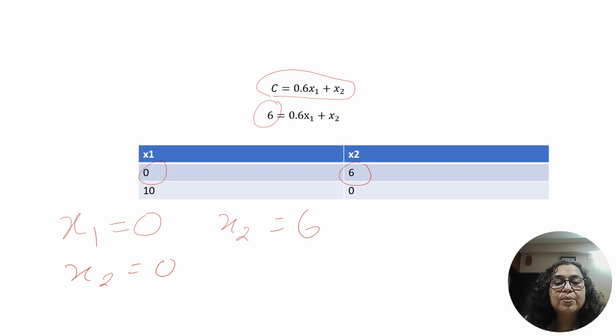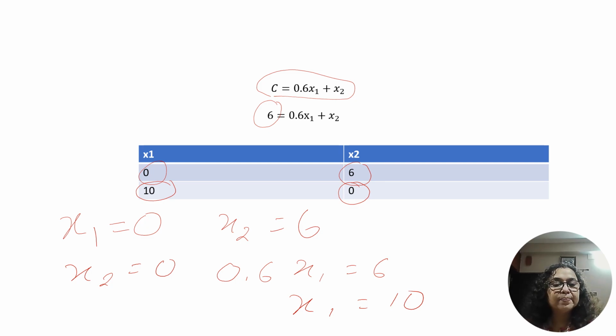So 0.6 x1 is equal to 6, so x1 is equal to 10. So I have the next point, 10, 0. Let me now plot this in our diagram.